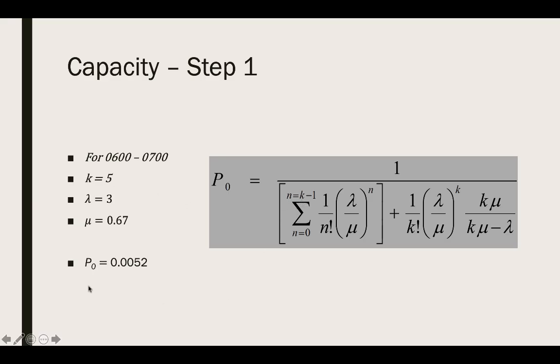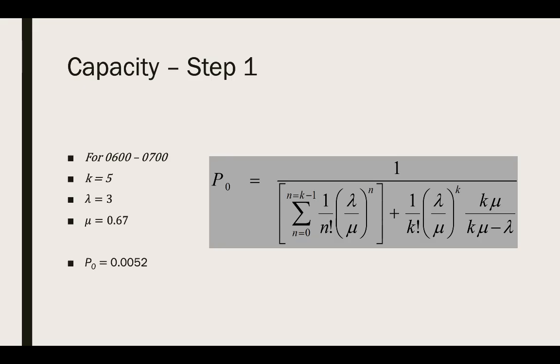When we plug all that in, we get a P0, or a probability of all of my ambulance units being available during that time period, of 0.0052, which is half of 1%.